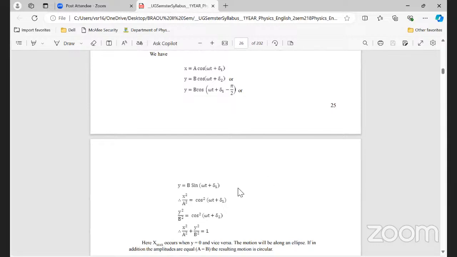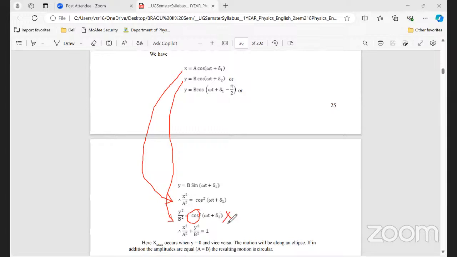So if you square the above equation, from x by a, this one, squaring this, x by a whole square equals x square by a square equals cos square(omega t plus delta 1). Similarly, y by b whole square, from this equation, y square by b square, not this one.